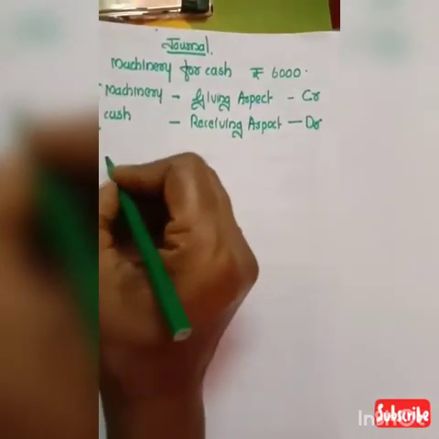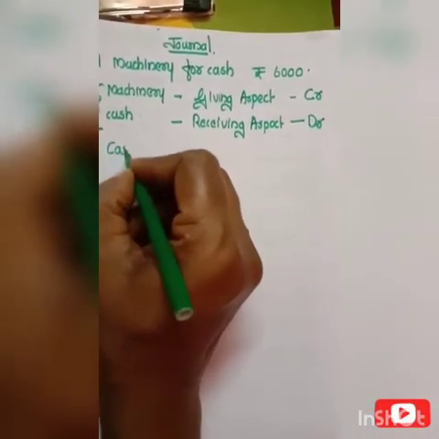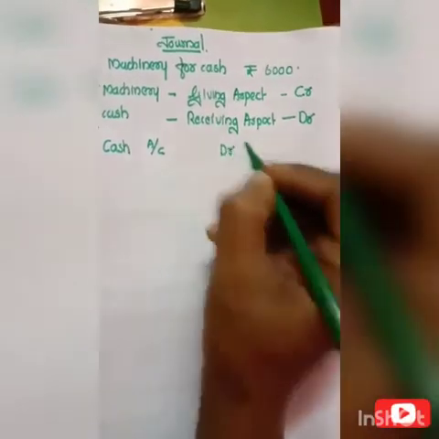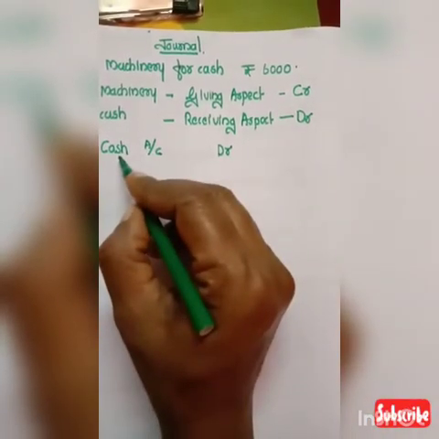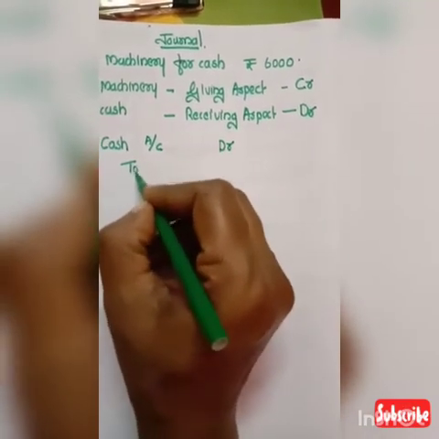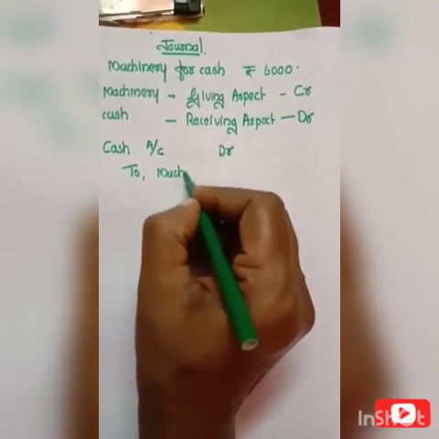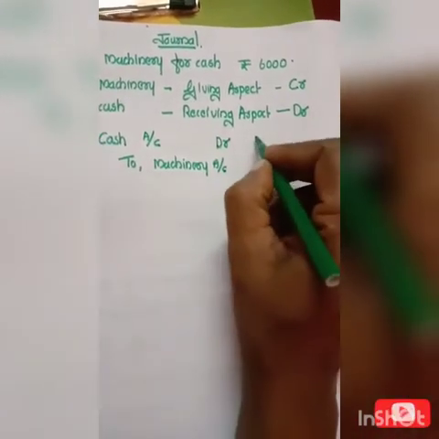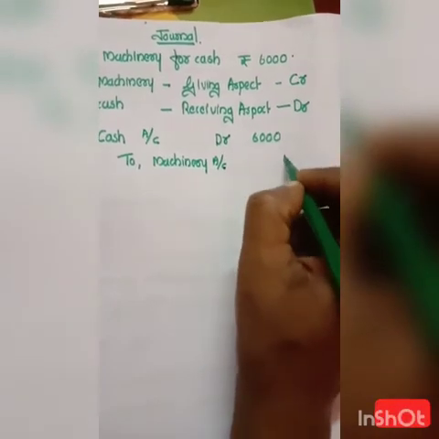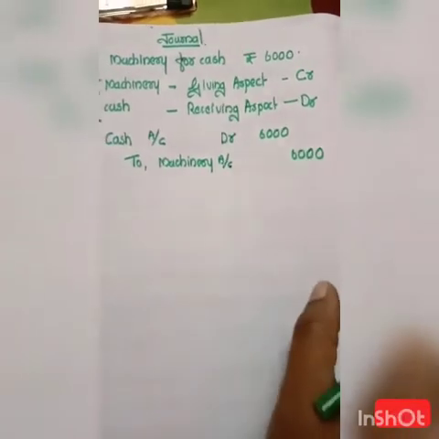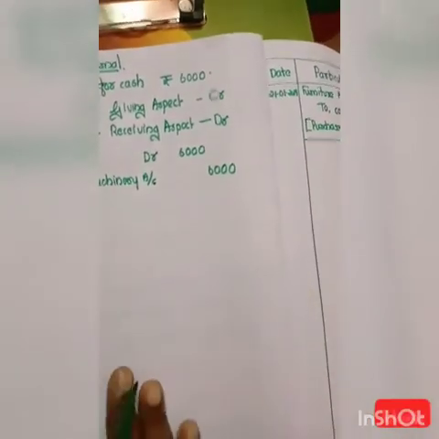We can write the journal entry as cash account debtor to machinery account, amount is 6,000. So we can post this item into the journal.